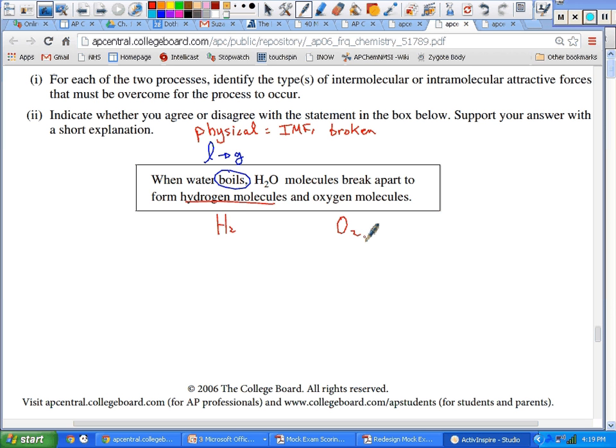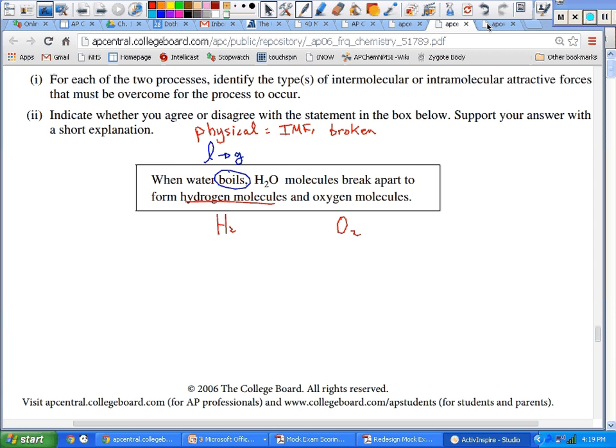It's false. Why? What did we just say? We're going from a liquid to a gas. Bingo. That's the exact key. That's not true. That is absolutely not true.